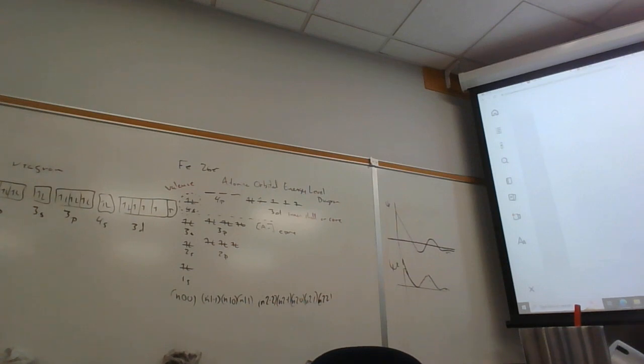It takes up less space. But what takes even less space is what we call the electron configuration. Electron configuration is a lot more compact. 1s2, 2s2, 2p6, 3s2, 3p6, 4s2, 3d6. The superscripts just tell us how many electrons are in that subshell. And then we have the condensed electron configuration.